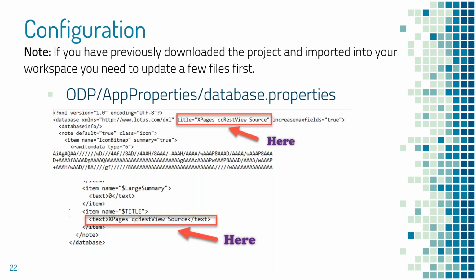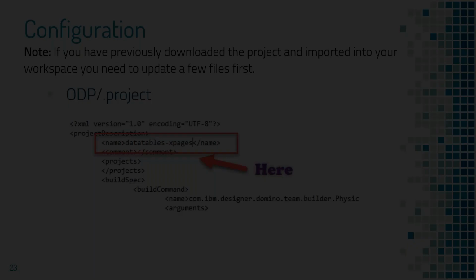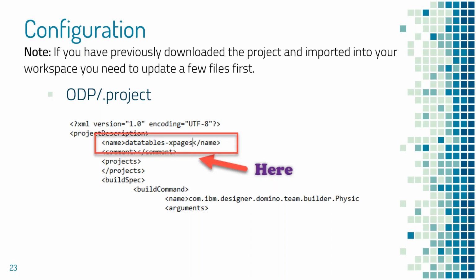So if you've downloaded it and imported it previously into Designer, you just need to update a couple files in order to not have Designer scream nasty things at you when you try to import it. And that's what I refer to here.